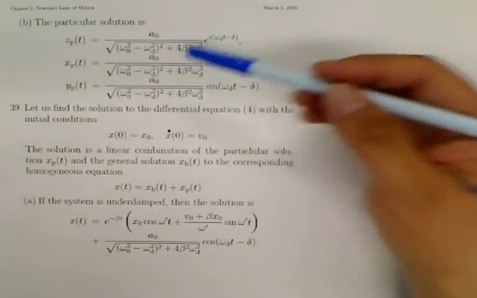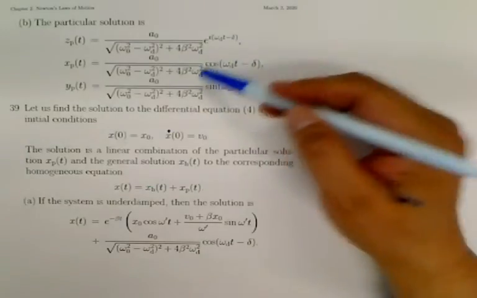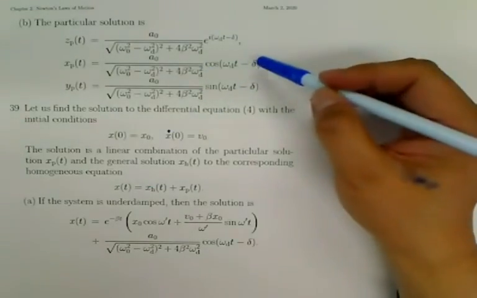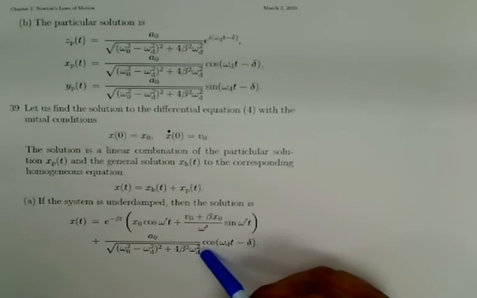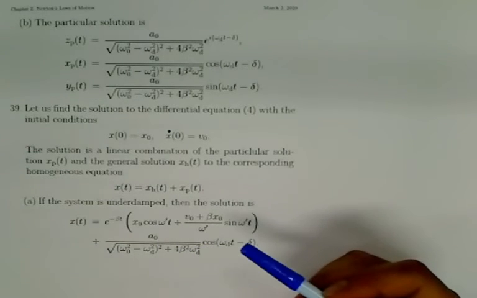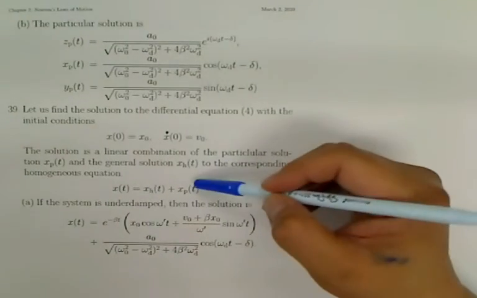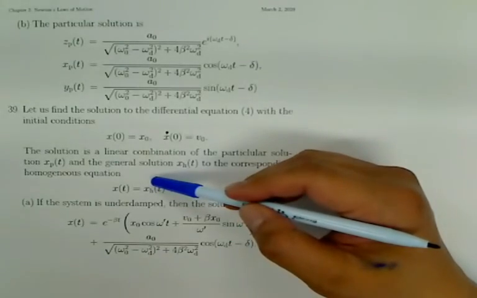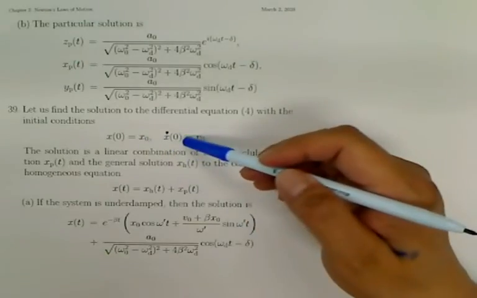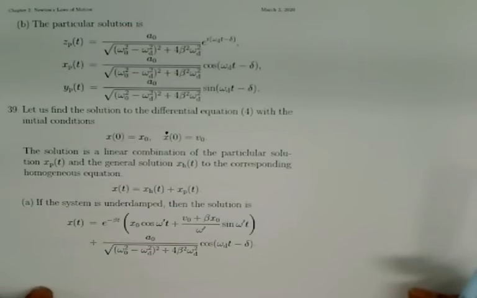The particular solution is completely determined, including this phase shift term. This cosine omega t minus delta is given here, and the amplitude is completely determined. The first term comes from the general solution of the homogeneous equation. These two values are to be substituted to find the final result for the displacement.